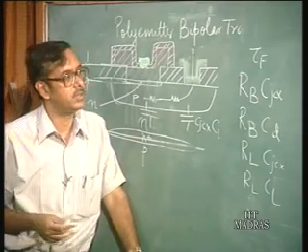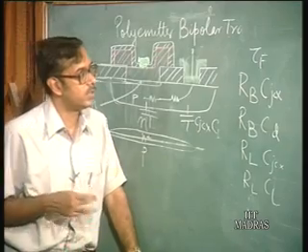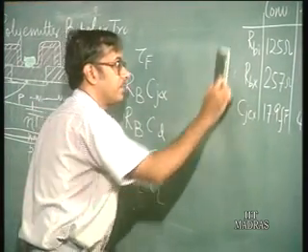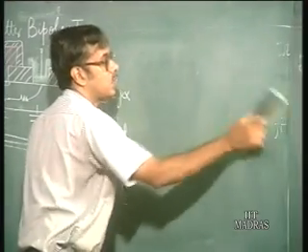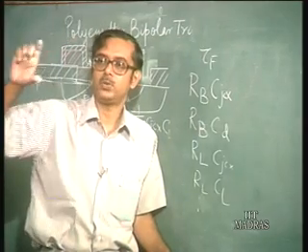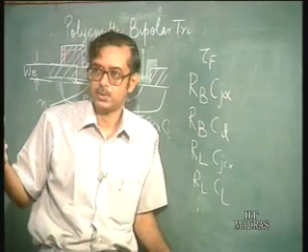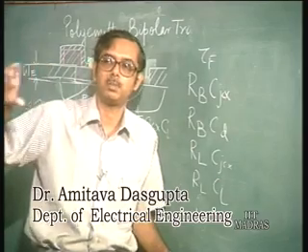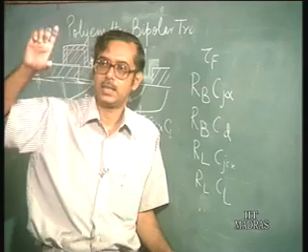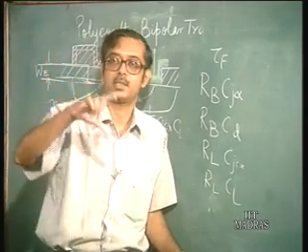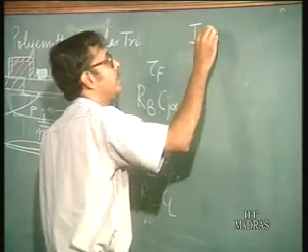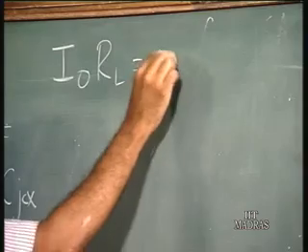Now if you look at these values, what do you see? Suppose you are designing for a particular logic swing, that is, in the ECL gate, I naught into R is a particular value. Suppose you say that I naught into R should be 0.4 volts, that is the drop across the resistance when the full current is flowing in a branch is 0.4 volts, and say RL is a constant.